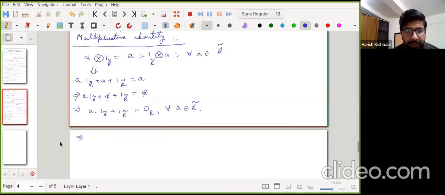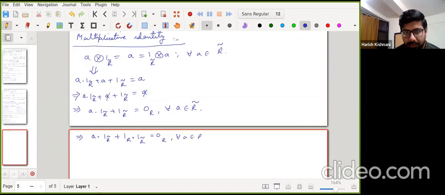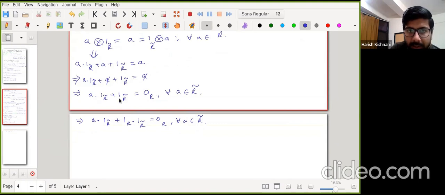So what you can do, you can just take this 1 tilde out, because this is distributive in the original ring, or let's say you can write it as 1 of R times 1 of R tilde first. So what I did, see, this is an element in the original ring as well, and we have a multiplicative identity in the original ring. That multiplicative identity multiplied with any element is going to give you back the element again.